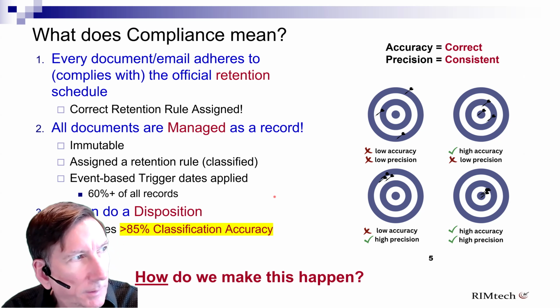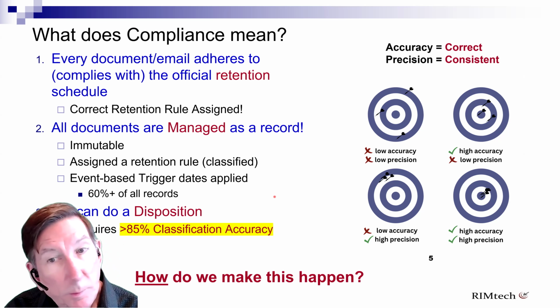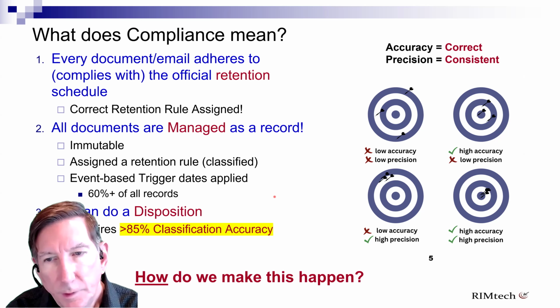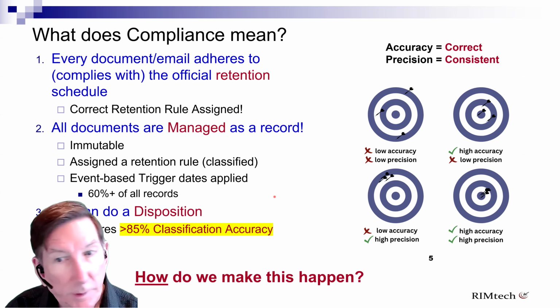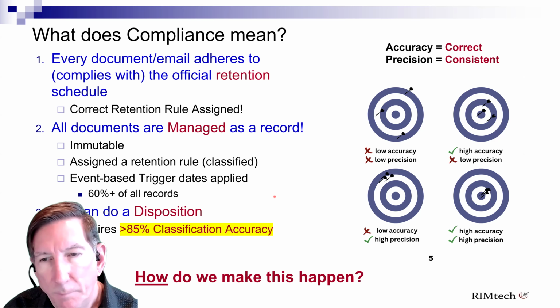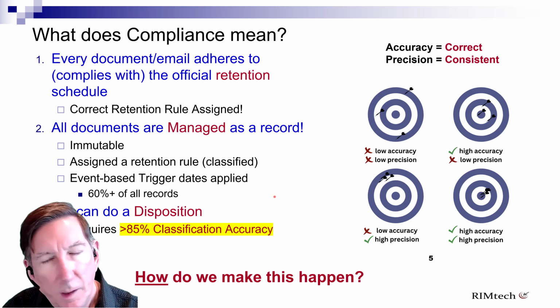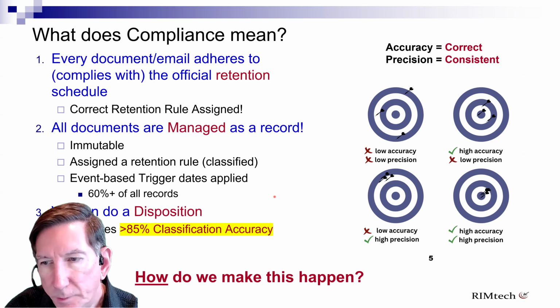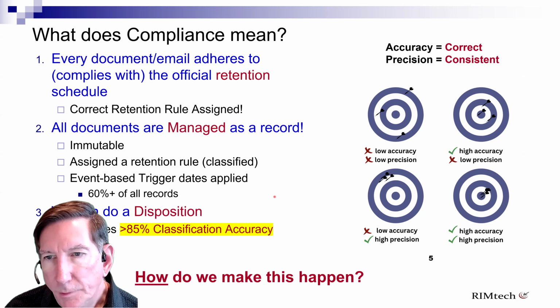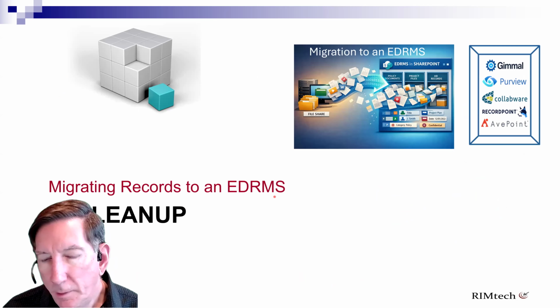Bottom line is a few years from now, when you press one button to destroy millions of records, you've got to have the confidence that they're properly classified or you'll never pull the switch. So many projects out there are never going to be able to do a disposition. They're just simply not. So that's what I mean by compliance.